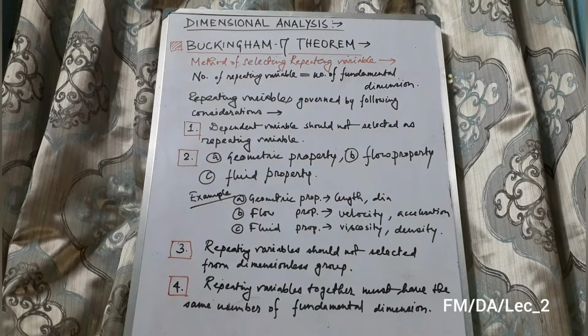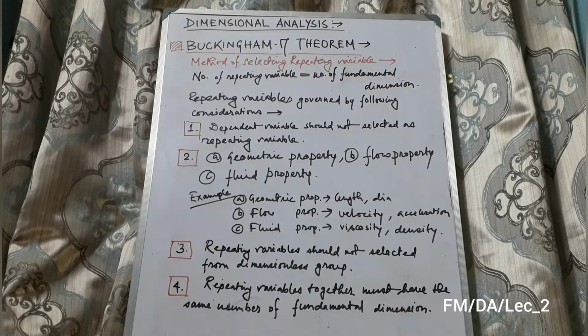Then the choice of repeating variables is governed by the following considerations. Number one, as far as possible the dependent variable should not be selected as a repeating variable.